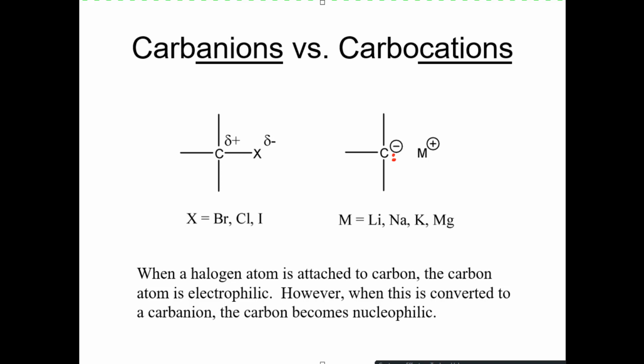We're used to talking about carbocations where the carbon has a slightly positive charge. So this is changing the carbon from being an electrophile to being not only a nucleophile, but also a strong base.